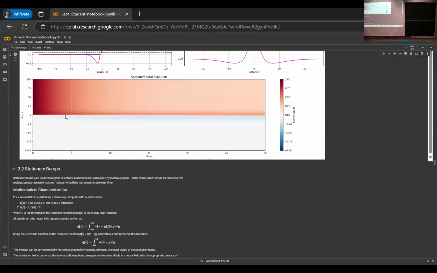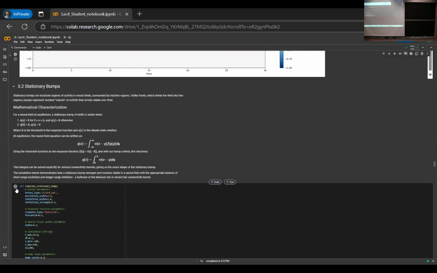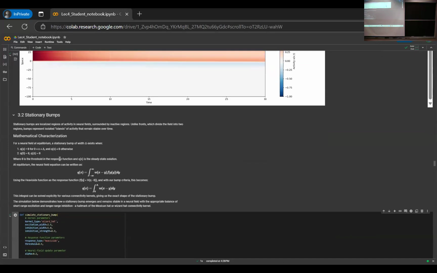Stationary bumps. That's another stable pattern that we can get. It's essentially no activity, then a bump of activity, and then no activity again. The existence criteria is based on the same intuition. One is that, I forgot to mention, within our integral differential form it's stable, so the rate of change is 0, and we can set the rate of change to 0.